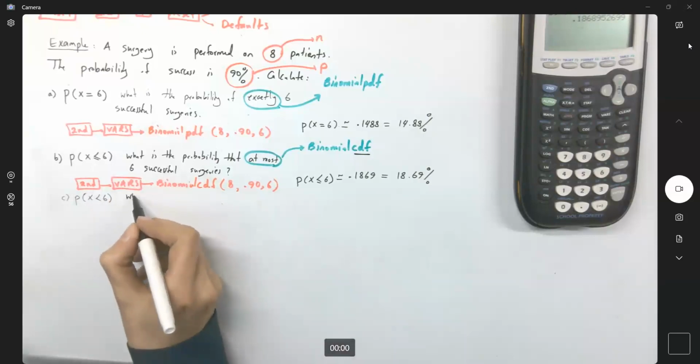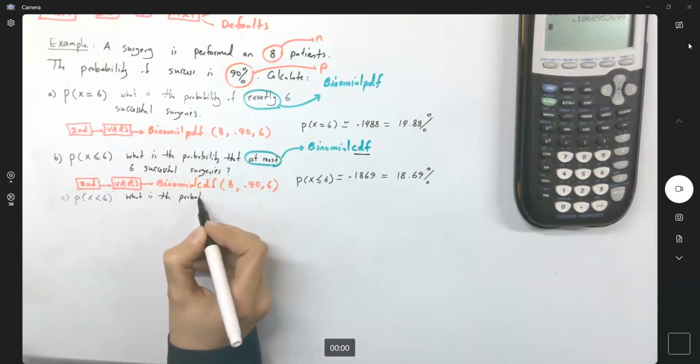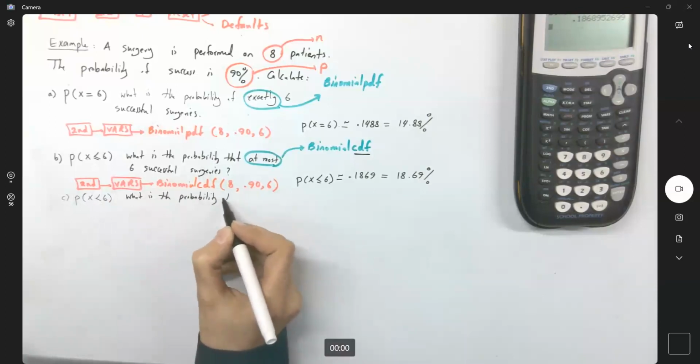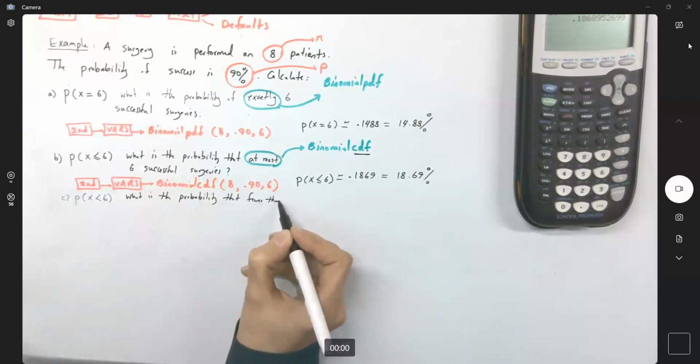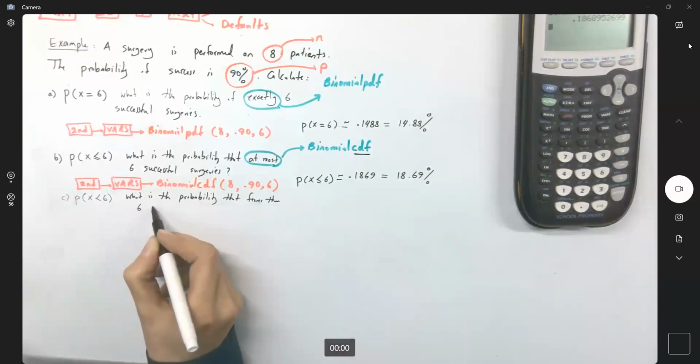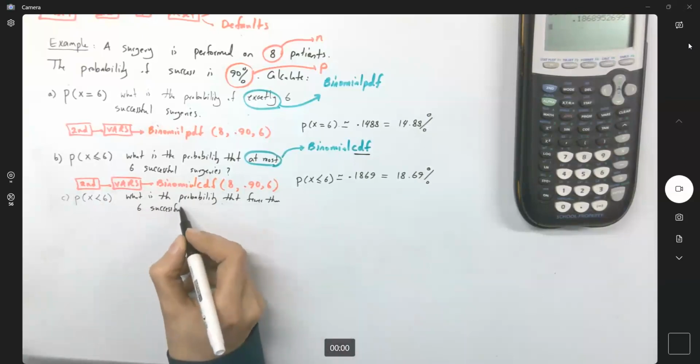So question, what is the probability that fewer than 6 successful surgeries are there?